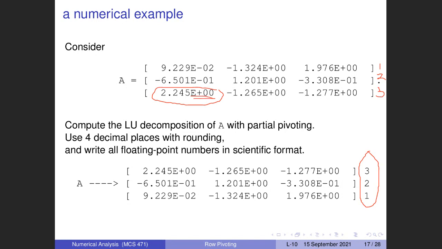You see the largest number occurs at the 3rd position in the 1st column. So in going from the matrix A above to the matrix A below, we have swapped the 1st row with the 3rd row. And that is expressed, the swap is done here. We record the swap by 3, 2, 1. So we should read the matrix from bottom to top.